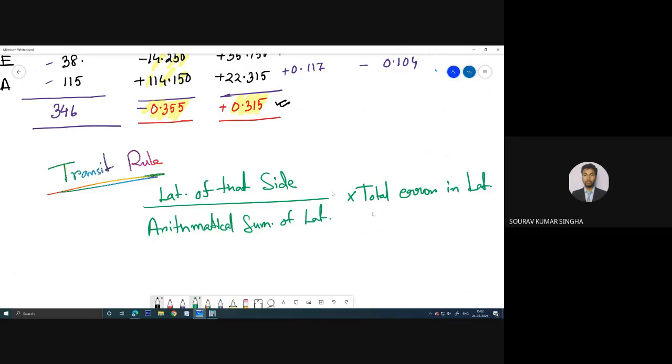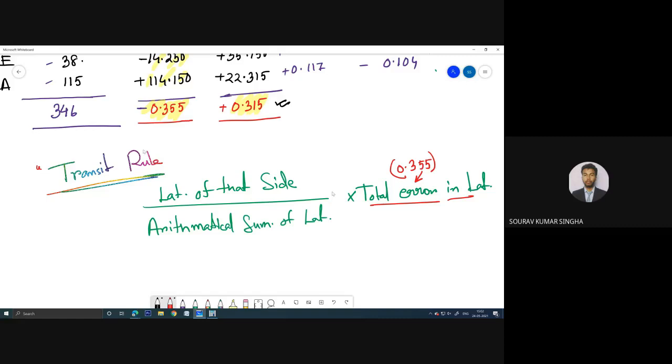That means the total error in latitude will be the same as the previous one. Here what is the total error in latitude? 0.355. Is that clear? Yes sir. Total error in latitude is clear, 0.355.